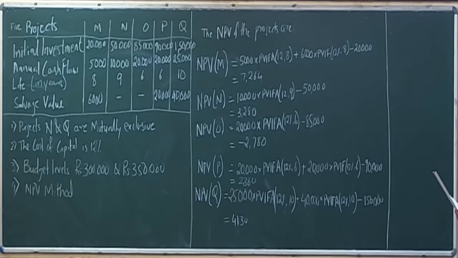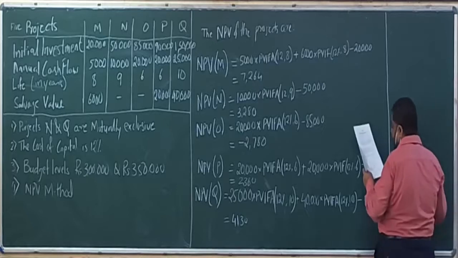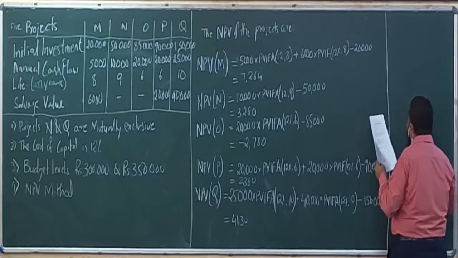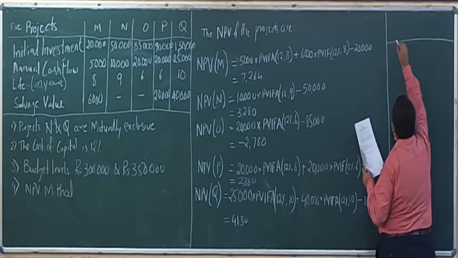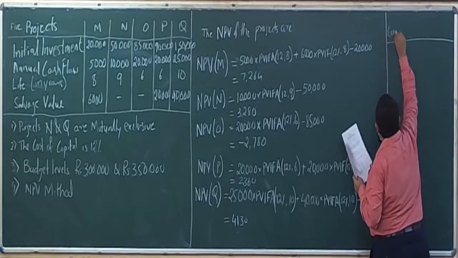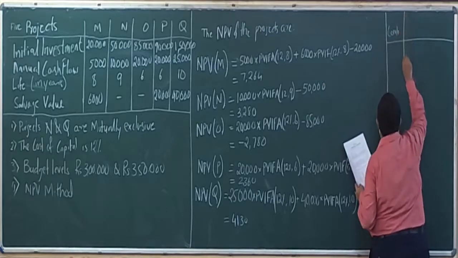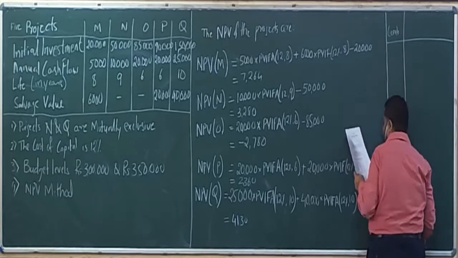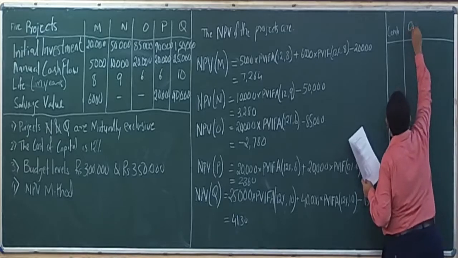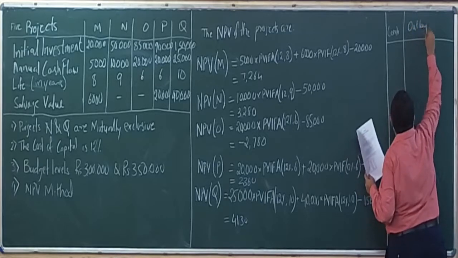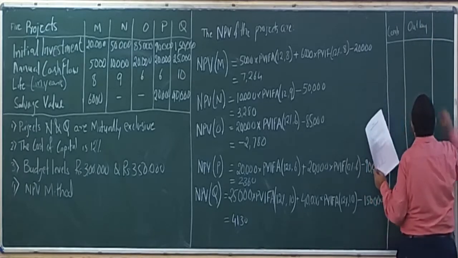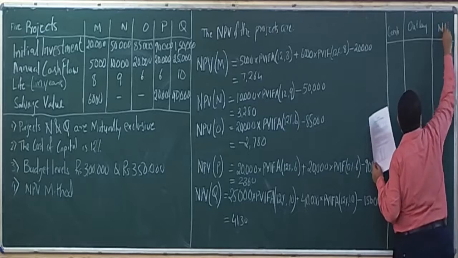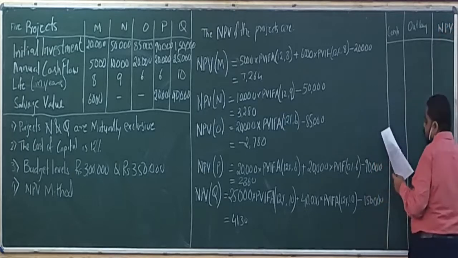So keeping these things in mind, let us go ahead and make the feasible combinations available for us. Let me put a combination. This is outlay, that is the initial investment, and here I am going to write NPV for these combinations.